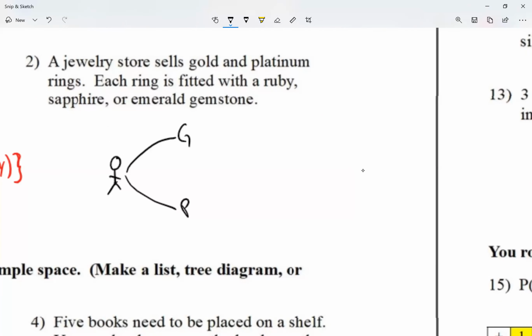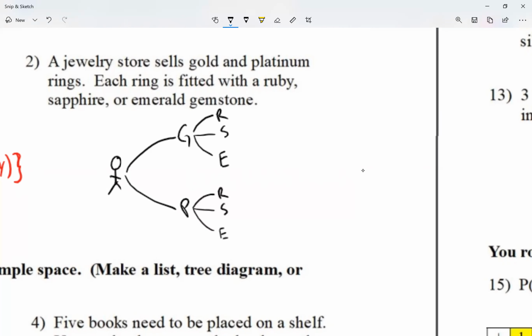Let's say I choose gold, then they're going to tell me, "Do you want a ruby, sapphire, or emerald gemstone?" If I choose platinum, they will say, "Okay, do you want a ruby, sapphire, or emerald gemstone?"